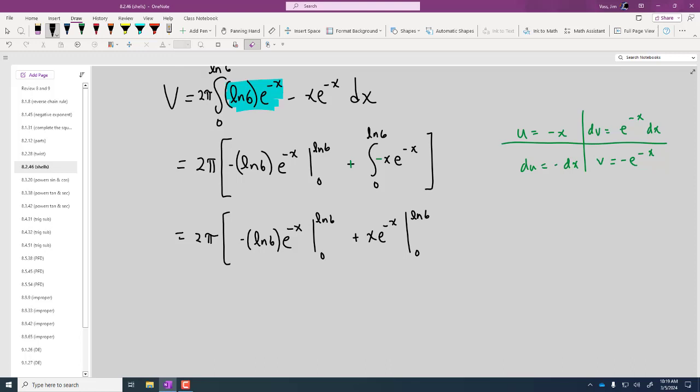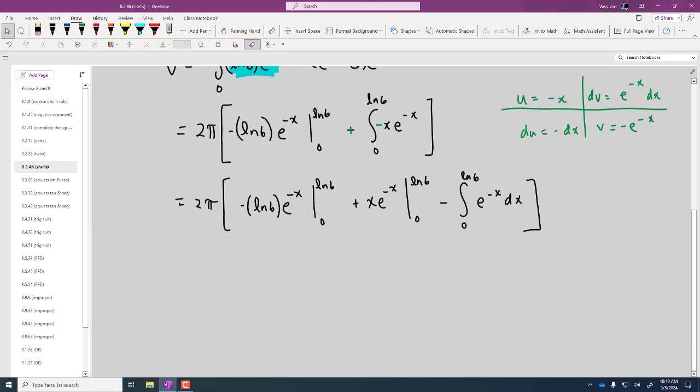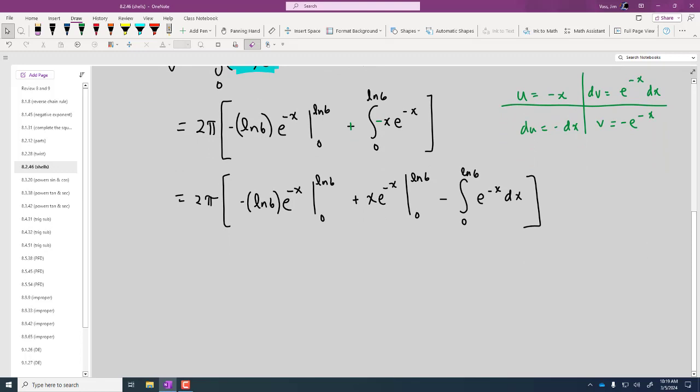So there's the uv, minus the integral, same limits of integration, of v du, that's the bottom row. Negative times negative is positive, so what goes in the integral is positive. So that's going to be e to the negative x on the inside of the integral, times dx. Close off the big brackets. So now we've done the integration by parts piece of it.